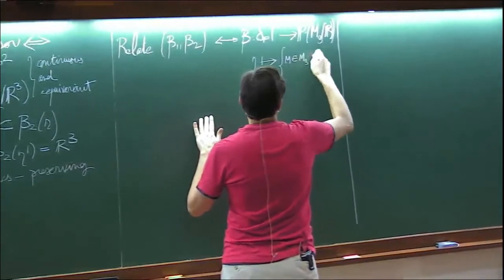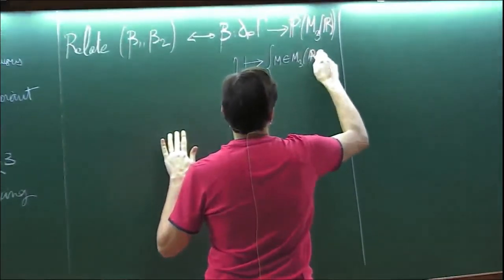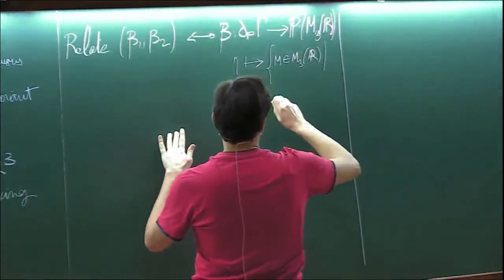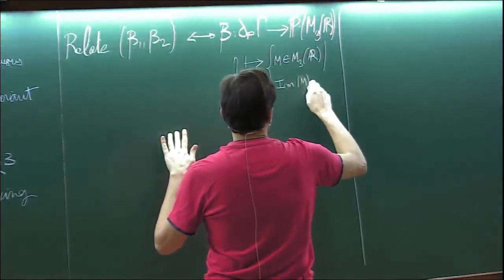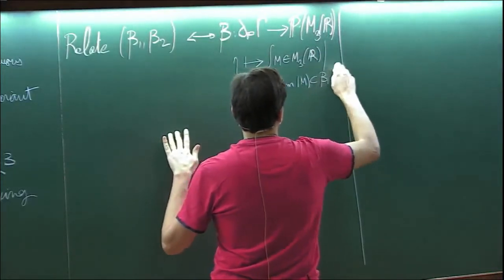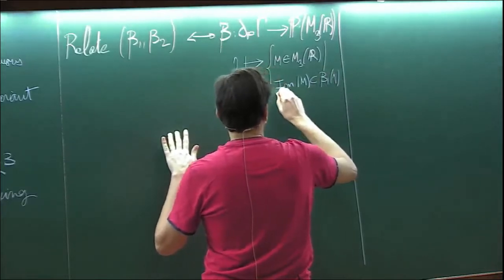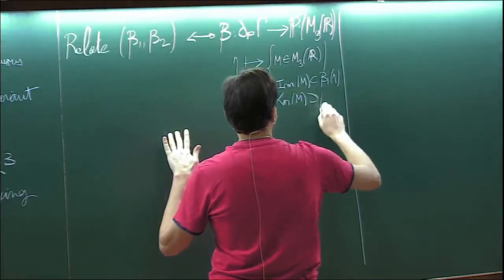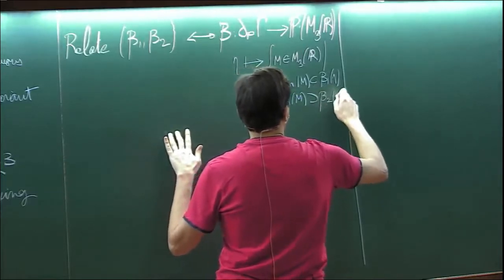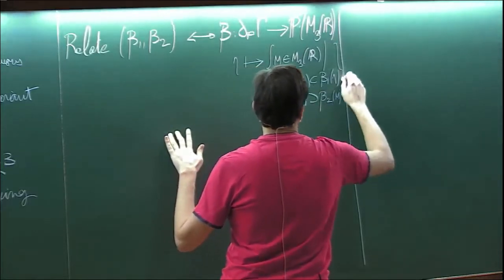So all the matrices that satisfy the following properties. The image is contained in the line beta 1 of eta, and the kernel of the matrices contains beta 2 of eta. Okay.